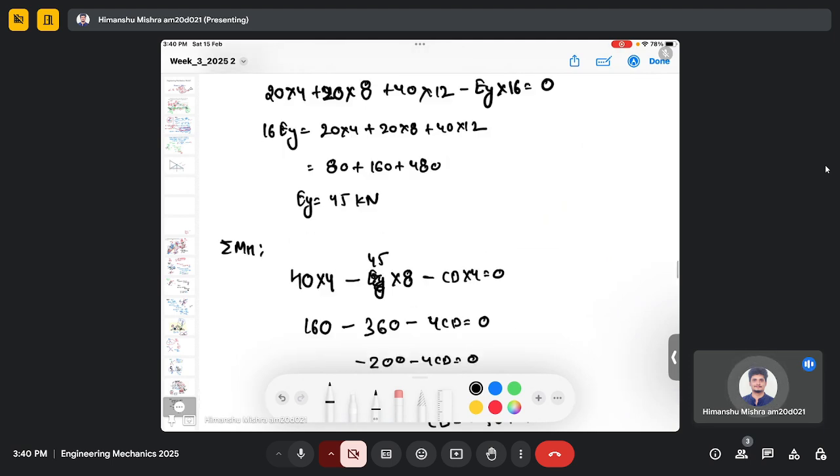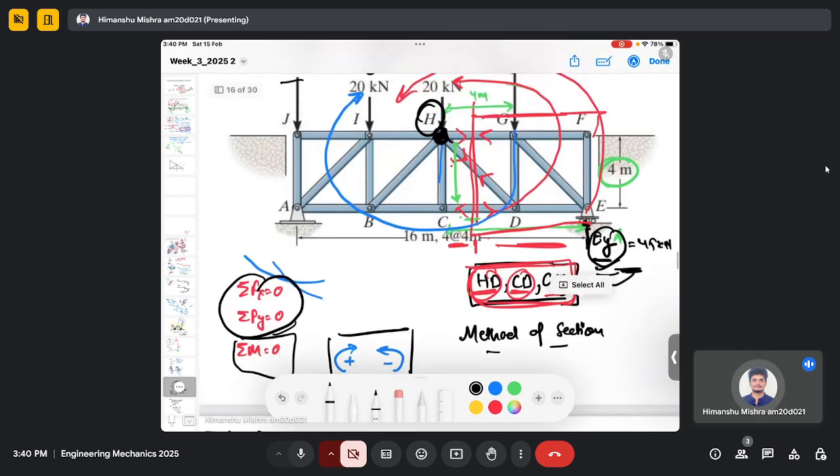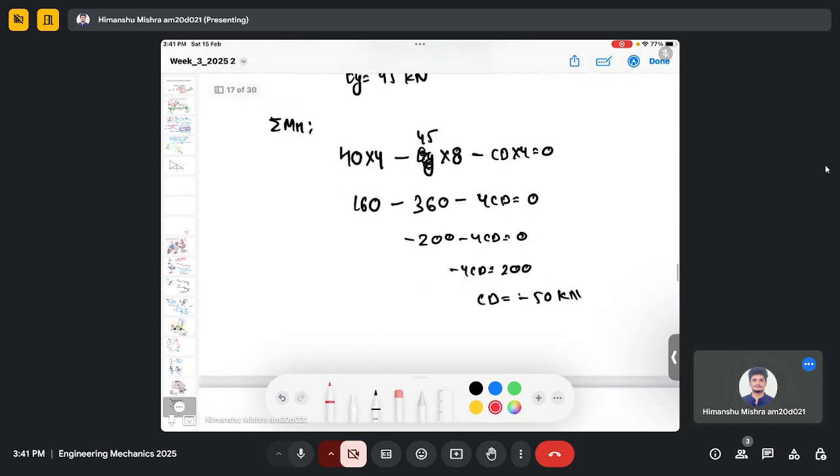So the CD is minus 50 kilonewton, which means the direction should be reversed. So it should be in this direction, which means it is away from joint D, which is tension. So this is a tensile force. So we found the force in CD.